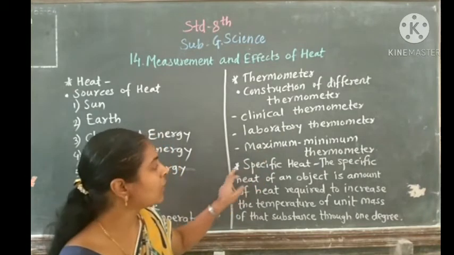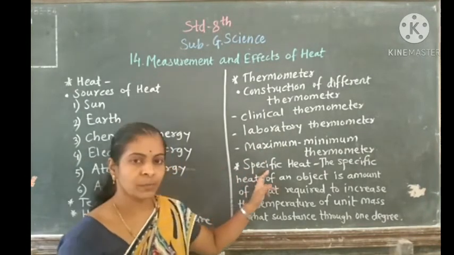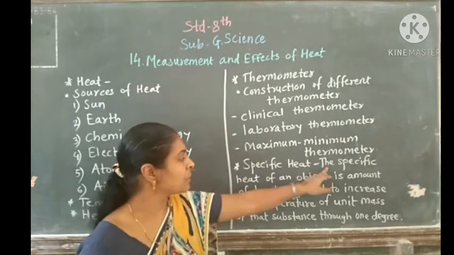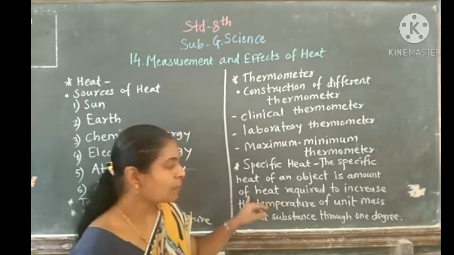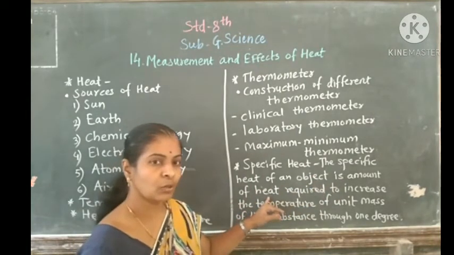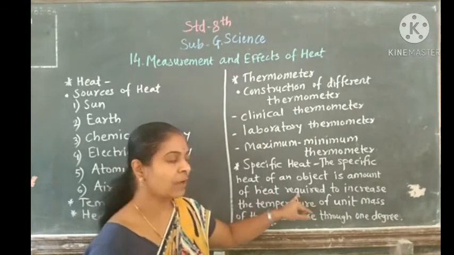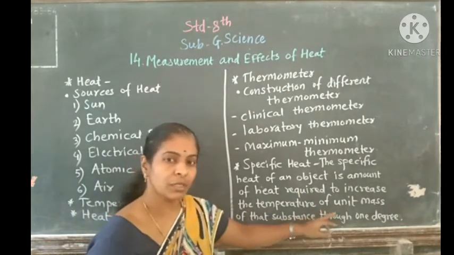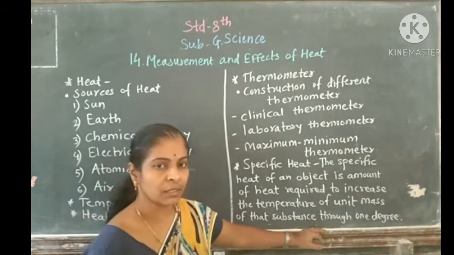After that we studied about specific heat. So what is specific heat? The specific heat of an object is the amount of heat required to increase the temperature of unit mass of that substance through 1 degree.